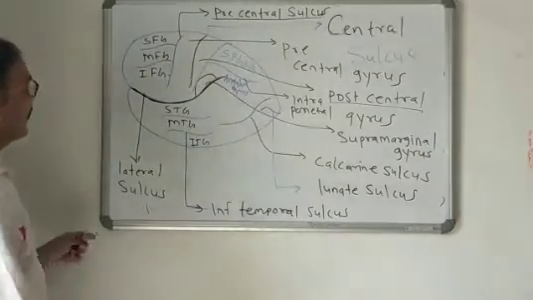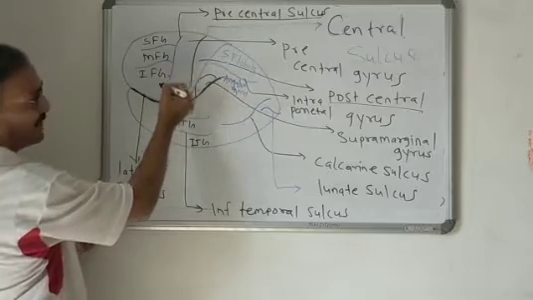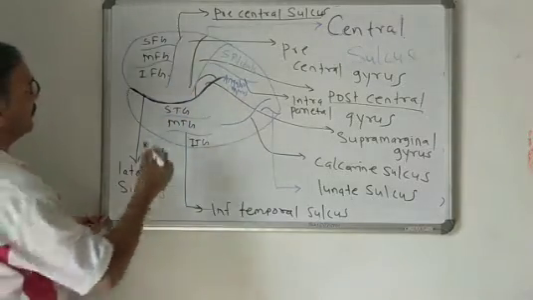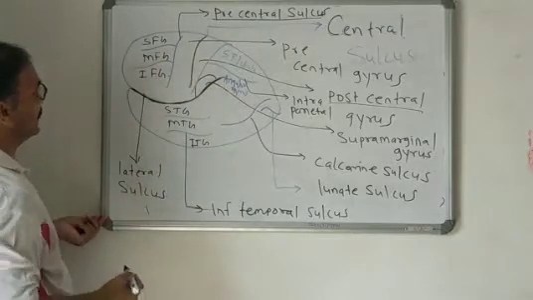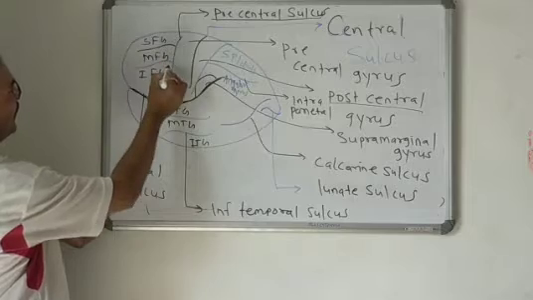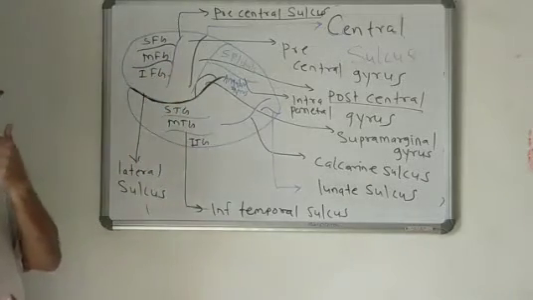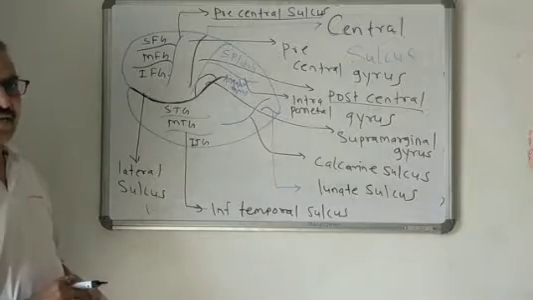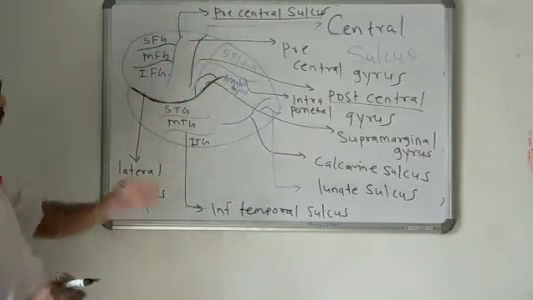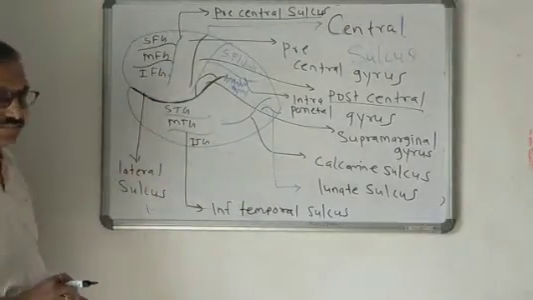Okay. Now from this precentral sulcus, two sulci originate. See, this is the superior frontal sulcus and this is the inferior frontal sulcus. These are the sulci which originate from the precentral sulcus in the frontal lobe. Now in between these sulci, the gyri are present.